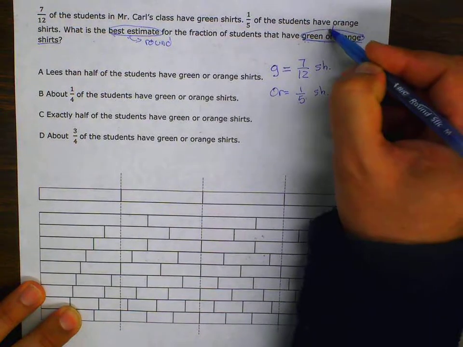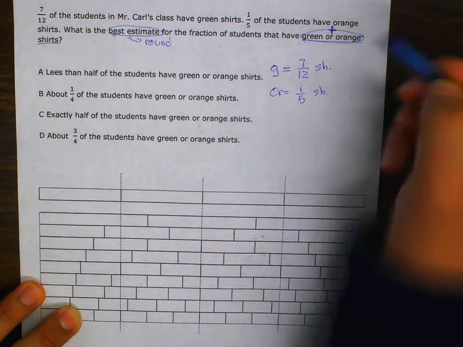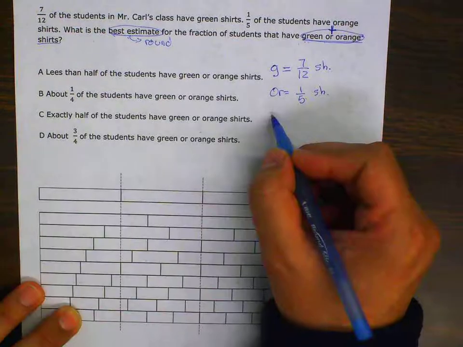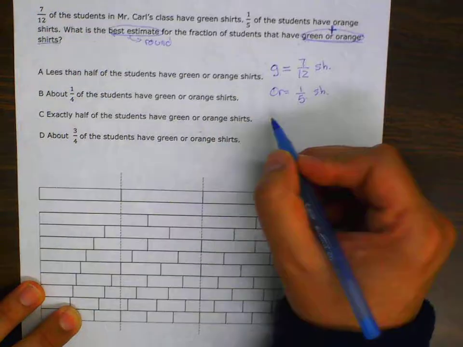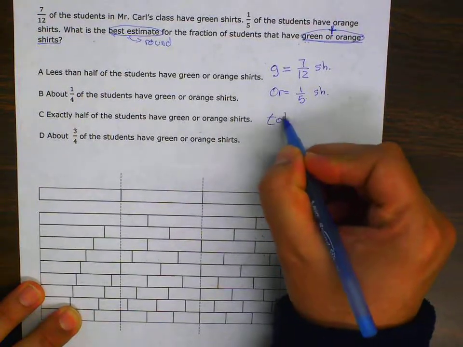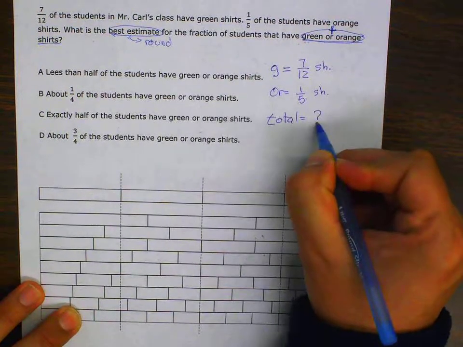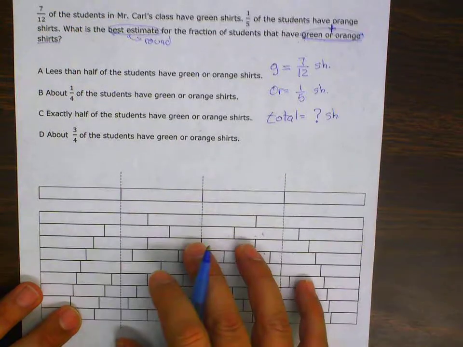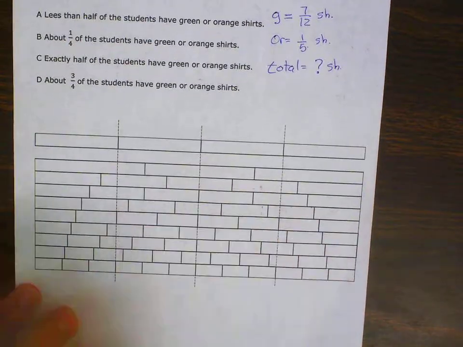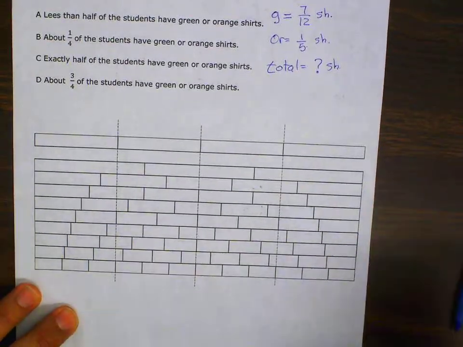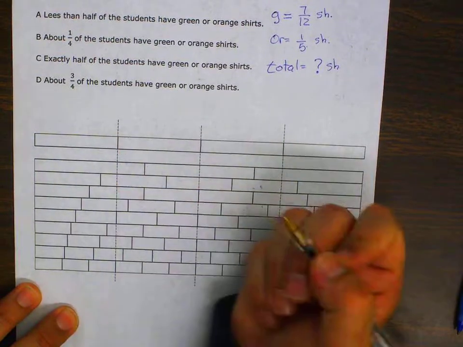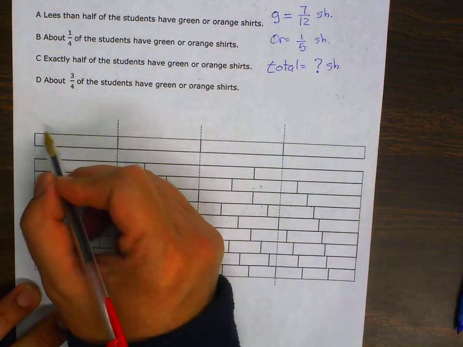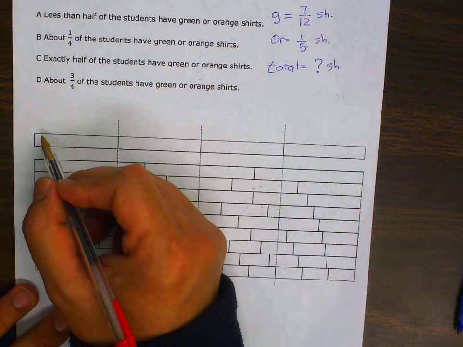I need to put together the green and the orange. I need to find my total. So how many, or about how many, have green and orange shirts? Since I have to round, we're going to use our fraction bar, but I need to make my benchmark fractions.